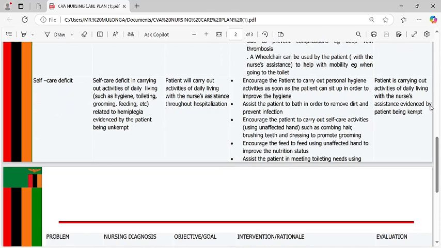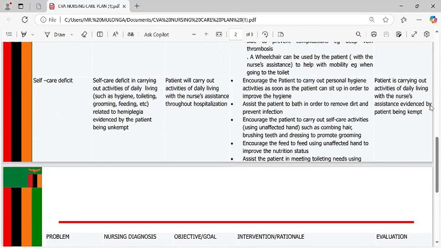And because of that inability of the patient to take care of themselves, we call it under the nursing problems self-care deficit. Self-care deficit.